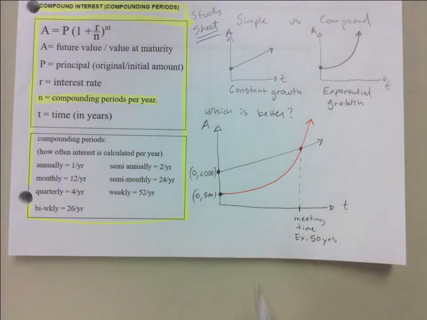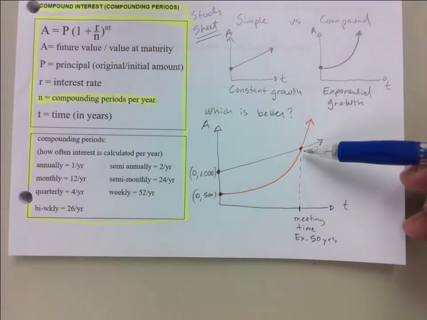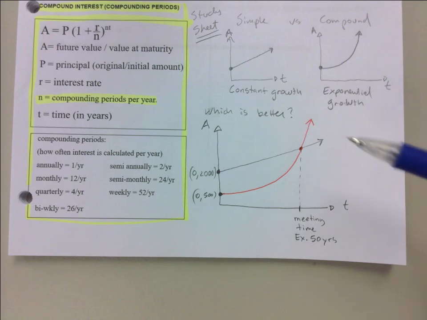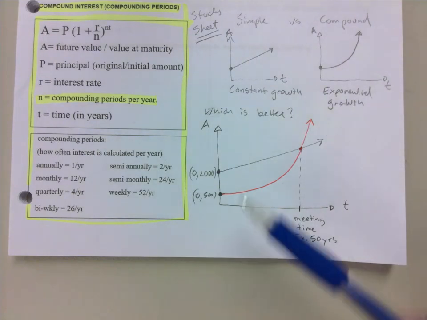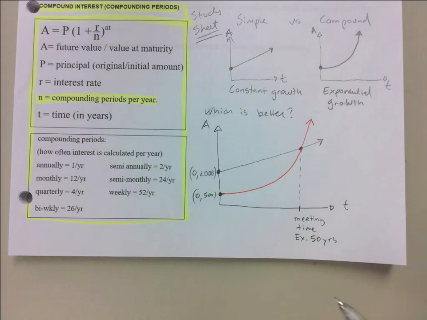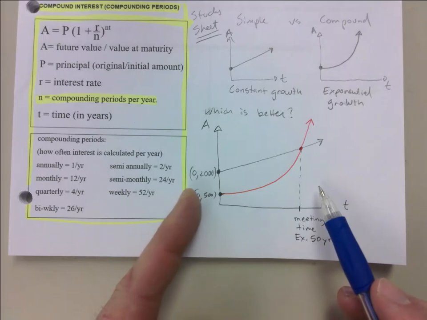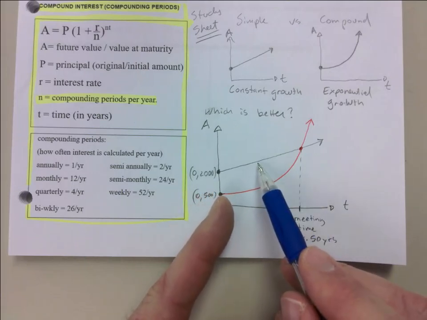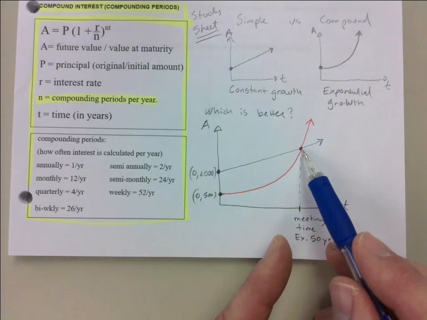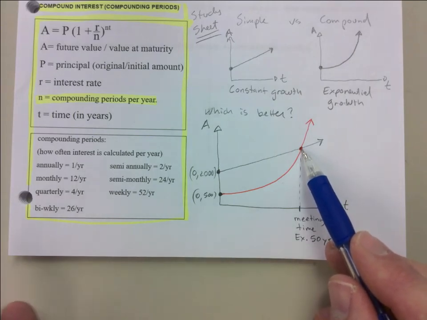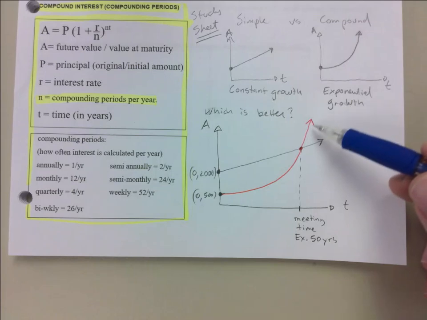Let's say it takes 50 years for you to get to that point where you meet the other investment. So you're going to decide what you should do. If you expect to use that money within 50 years, you're going to want to go linear, simple interest. If you want to use the money past 50 years, then you probably want to go exponential.